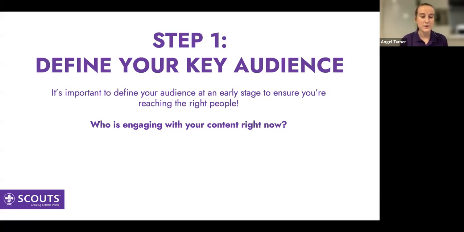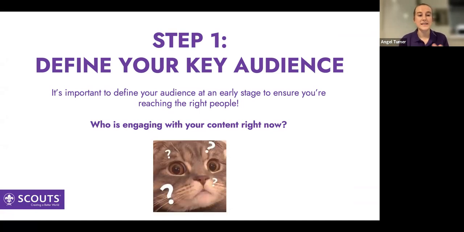So then how is it possible for you to create content for everybody if your audience is too large? So what we want to do is really think about the types of people that we want to speak to and base our content around that. So a great way to start to think about this is asking yourself, who is actually engaging with your content right now? Is it maybe scouts? Is it more scout leaders?